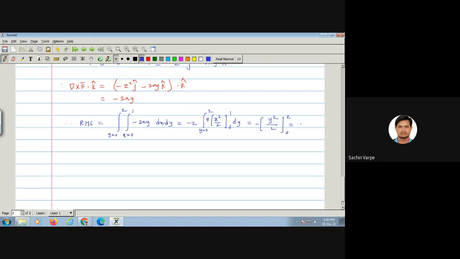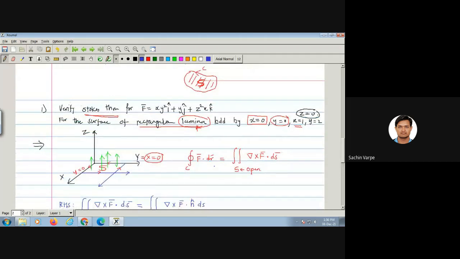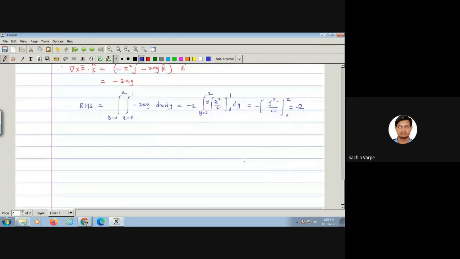That is just minus 2. So minus 2 is the right hand side. Let us now verify whether the left hand side is also minus 2 or not. But tell me if any doubt up to this. Any question, any doubt, in the right hand side of Stokes theorem?